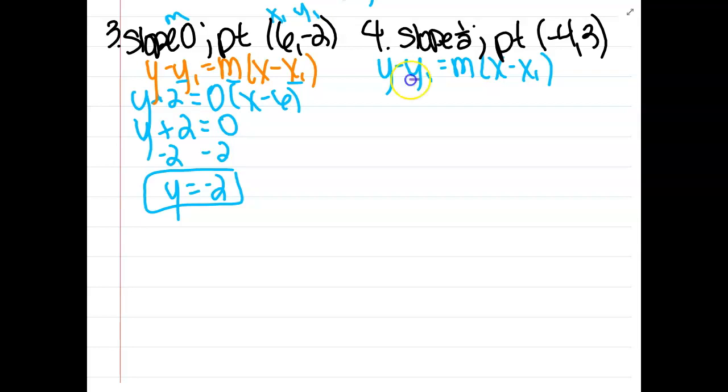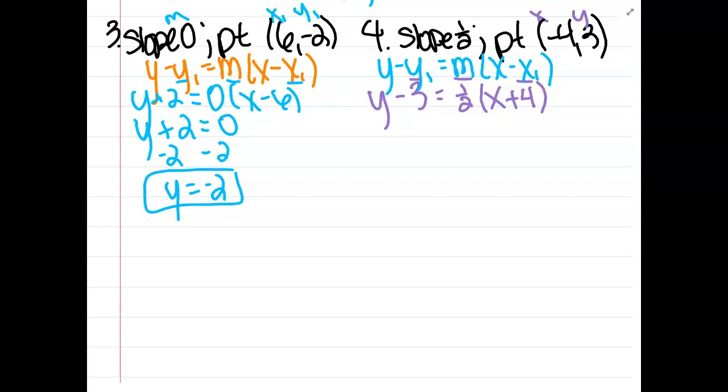Remember, we need a y1, an m, and an x1, which, like the last handful, they give me all of these. So it'd be y minus 3. And then m is 1/2. And then it's going to be x. What's going to follow the x? Good. It's going to be a plus 4, right? Because it's a minus a negative 4. Okay, you've written the equation of a line.